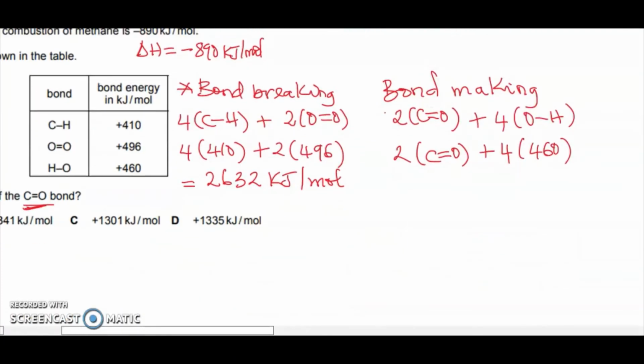So now we're going to have 2 CO plus 1840, in kilojoule per mole. Remember, this is what we are looking for, the bond energy for the CO bond.